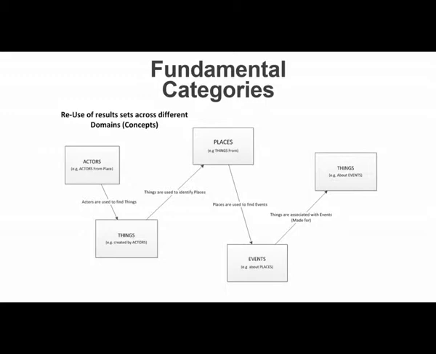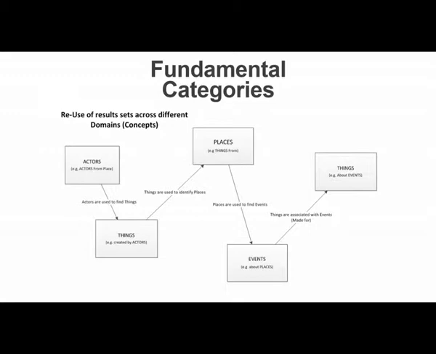This is what will happen in our new search system. We will allow you to choose a domain, like actor, or thing, or event, or place, etc. Do a search with the relationships that are relevant, get a result set, save it, and reuse the results to find something else. So you can start with actors. I want to find people. I don't want to find objects. I want to find people.